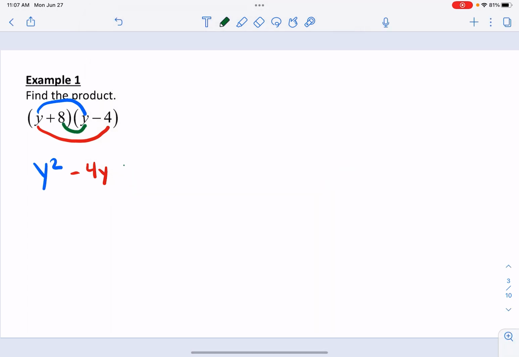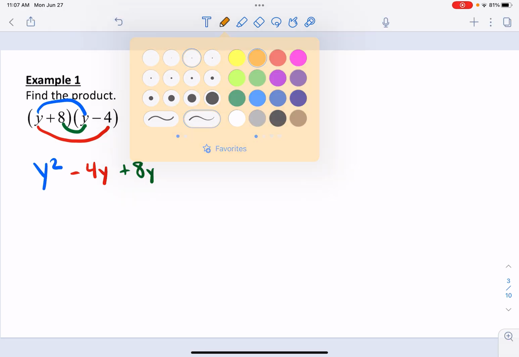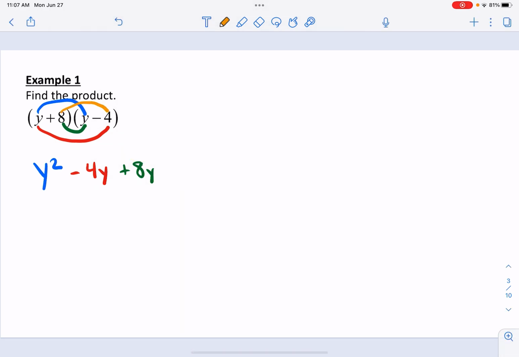Inner terms, and then the last terms. Then from here, all we have to do is simplify it or combine like terms. Okay, so that was a pretty easy example.